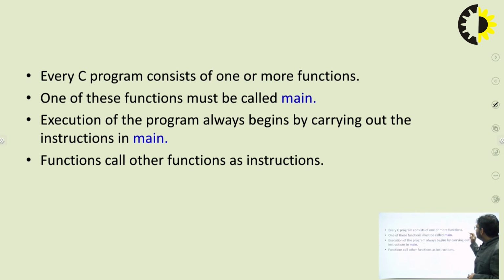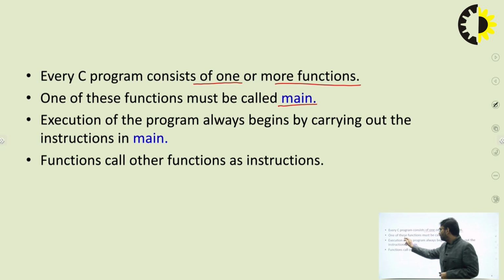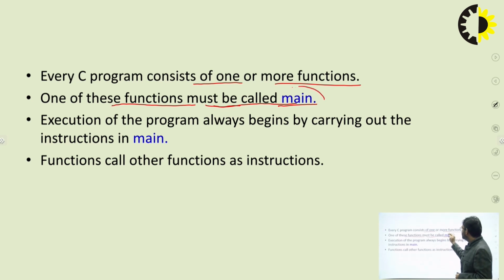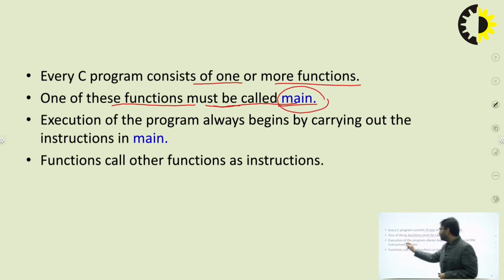Next, these are some basic points regarding functions. Every C program consists of one or more functions, or we can say a program can consist of more than one function, but every program must contain a single function called the main function. If we are using more than one function, then one of these functions must be called main. The main function is used to start the execution of the program.